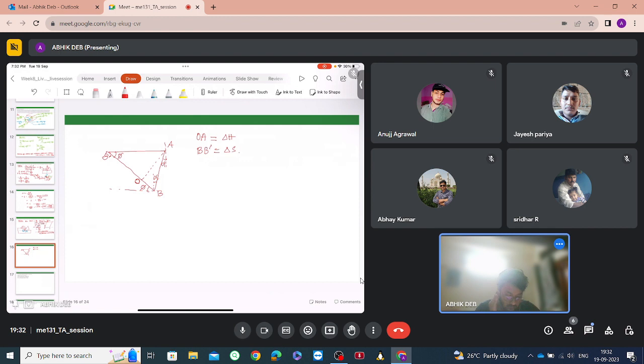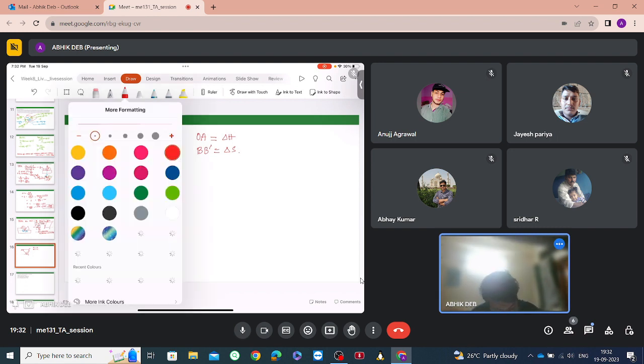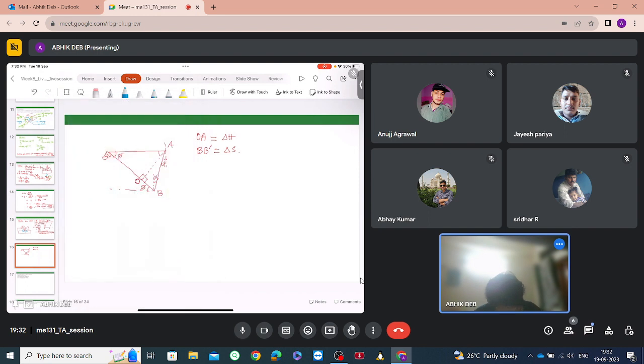See, this angle is phi, this angle is 90, so this angle will be 90 minus phi. Again this angle is alpha, this angle is 90, so this angle, B dash A B, will be 90 minus alpha.